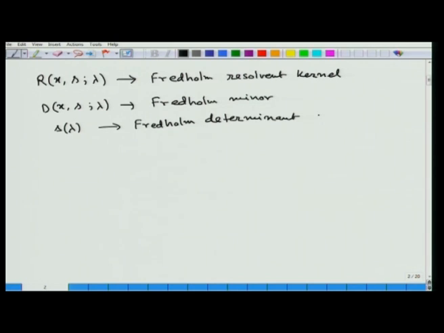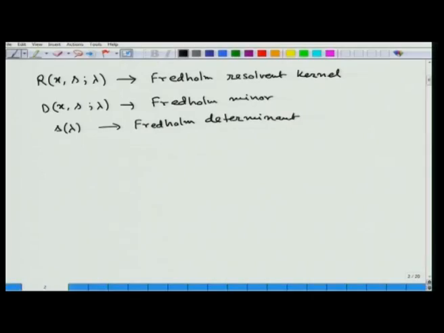Now we have to find or define this Fredholm minor and Fredholm determinant, such that we can evaluate the Fredholm resolvent kernel, which in turn gives us the solution for the Fredholm integral equation.